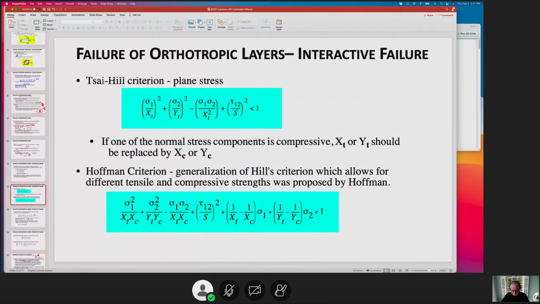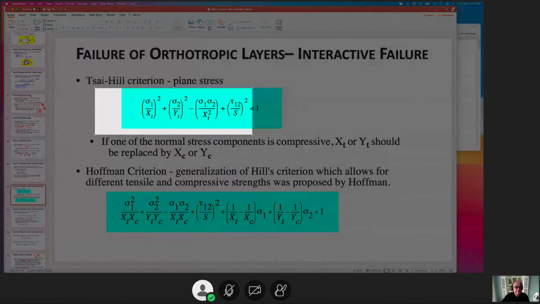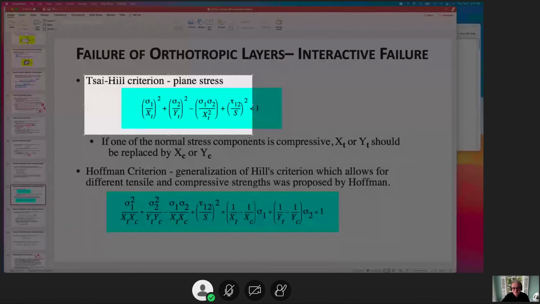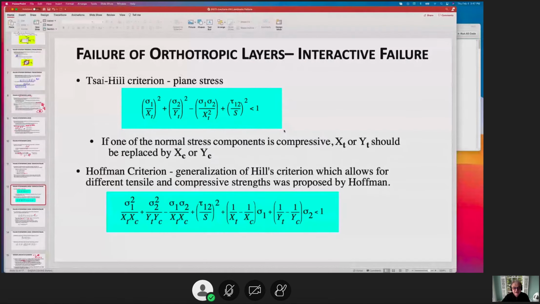All right, let me copy that. In fact, why don't I copy it together with the text so that I don't have to type the text? How about that?